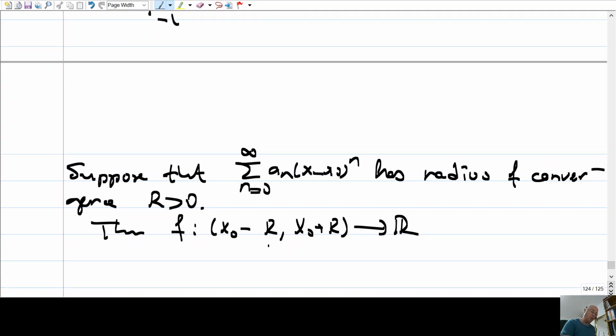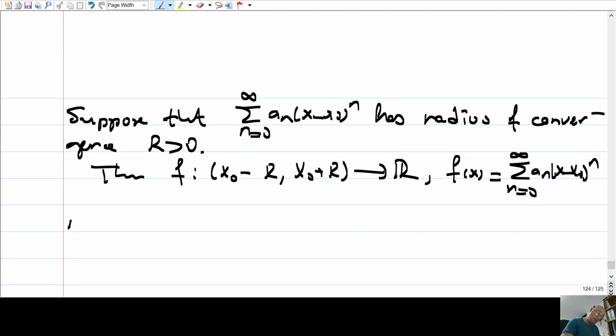Here you write the ball with center x0 and radius r, and here you write C. Then this is a well-defined function. Okay, what's the function given by this series?